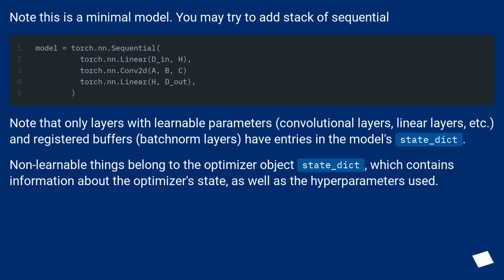Note that only layers with learnable parameters, convolutional layers, linear layers, etc., and registered buffers, batch norm layers, have entries in the model state_dict. Non-learnable things belong to the optimizer object state_dict, which contains information about the optimizer's state, as well as the hyperparameters used.